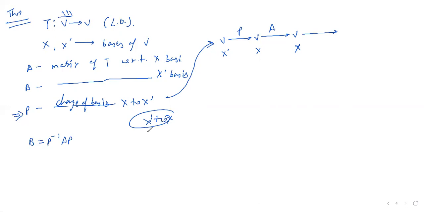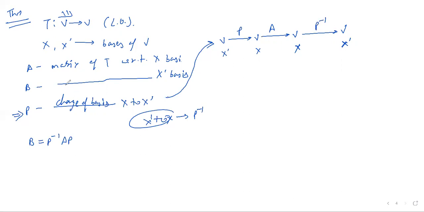We have seen that if my matrix P is from x to x dash, then the matrix for x dash to x will be P inverse.